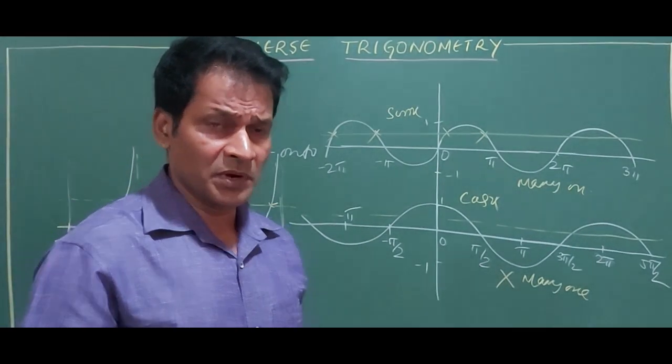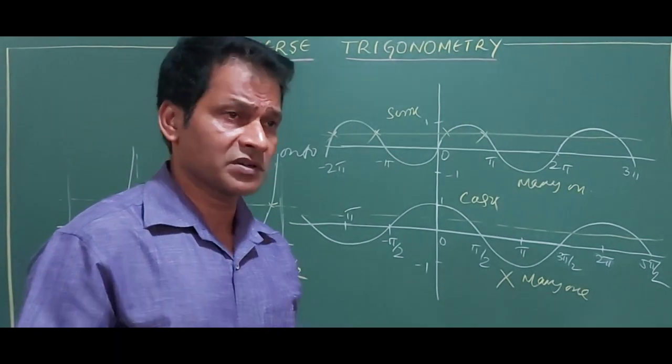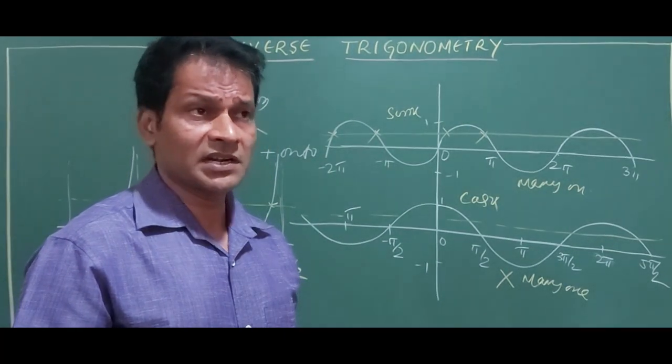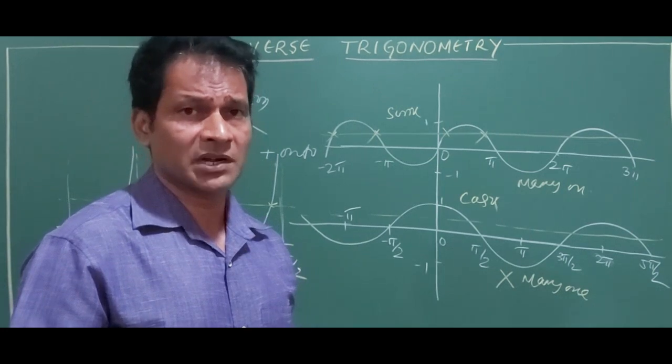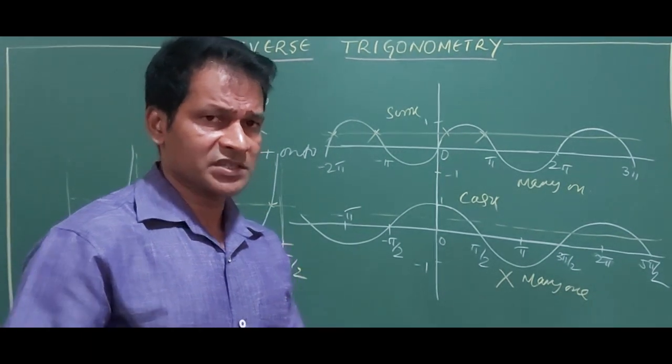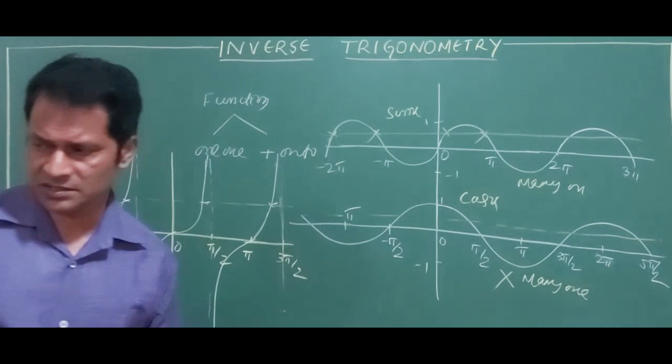That means all the normal, circular trigonometry functions are many-one. When it is many-one, there is no question that it will be invertible. Then what do I need to do? First I am going to show you something, then we find a relationship.